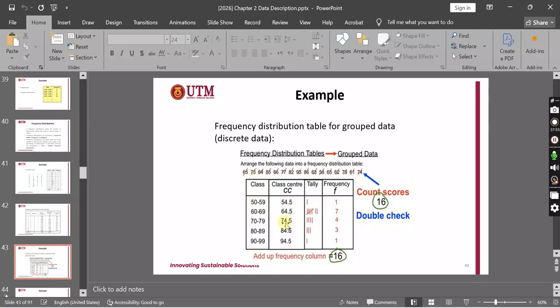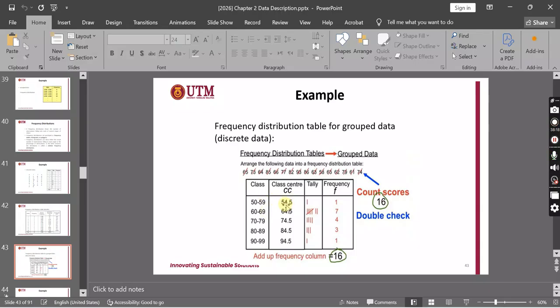For the second class and to the last, you don't need to take the average of these two numbers. We have the difference between two classes, it's 10, right? 50 and 60, the difference between them is 10. Or maybe you can use the upper limit, 59 and 69, also 10.